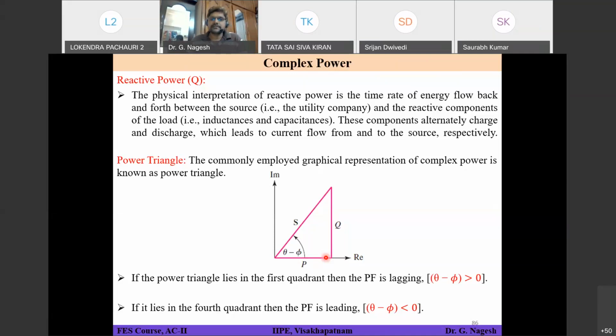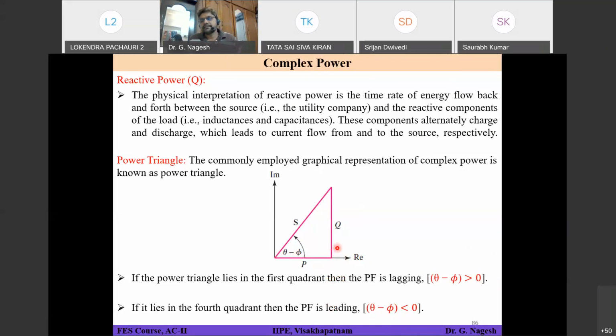Fourth quadrant, because the inductive lagging load falls in the first quadrant, and the capacitor, being of opposite nature, falls in the fourth quadrant. So if I add a capacitor in parallel, the net reactive power, the phasor addition of the existing Q and the new capacitor Q, will be a lower value. That means we are improving your power factor.